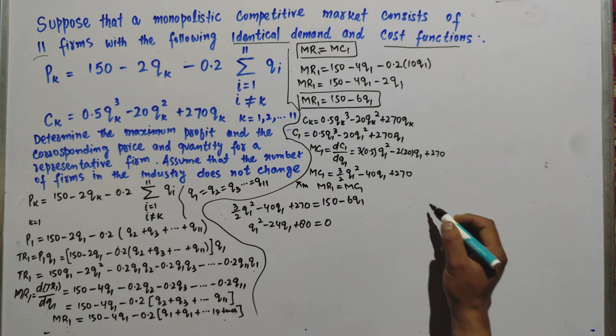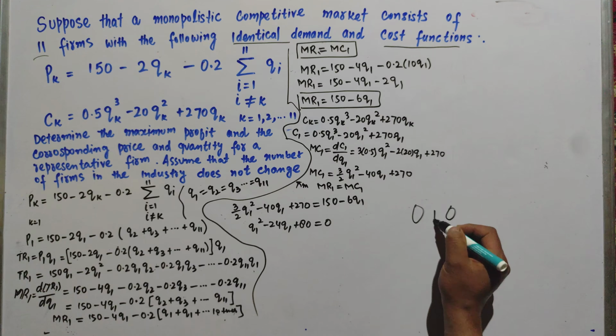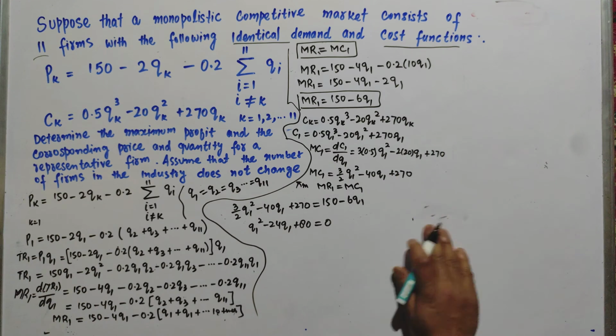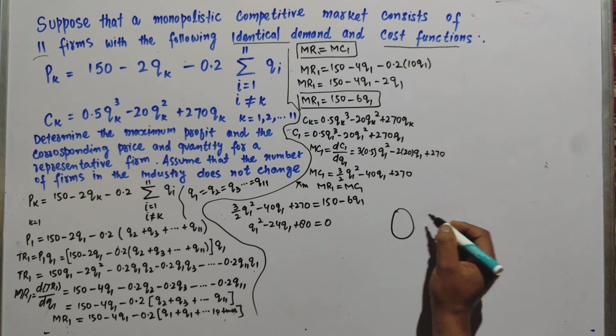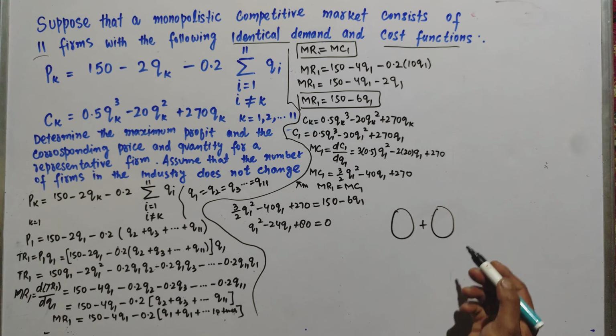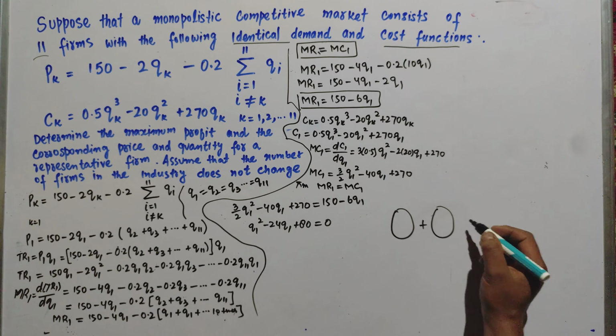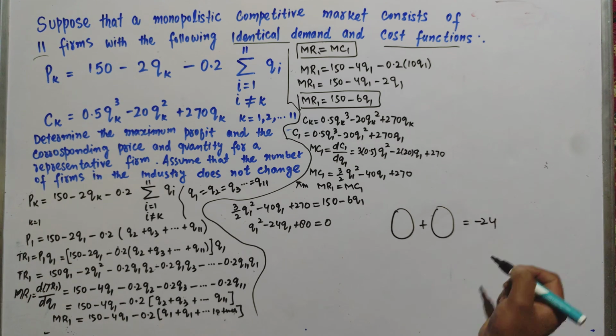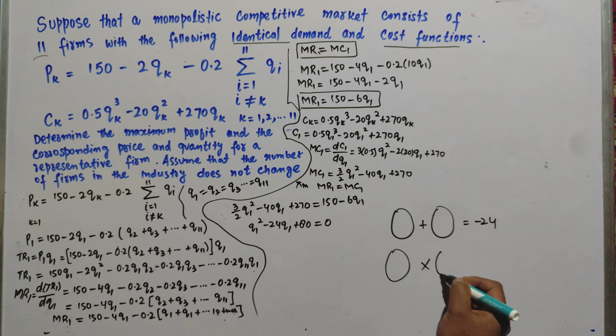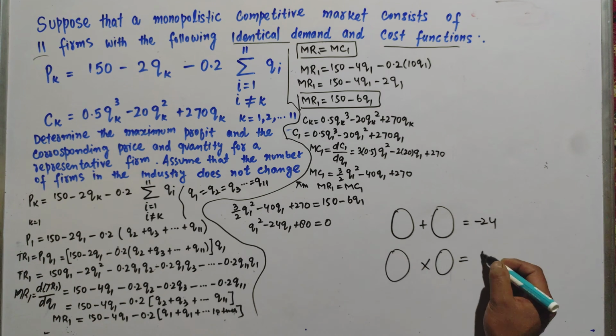That is, we should get the sum of two numbers equal to the coefficient of the middle term, which is minus 24, and the product of the same two numbers should be equal to the constant term, which is 80. Okay, basic mathematics here. No rocket science.